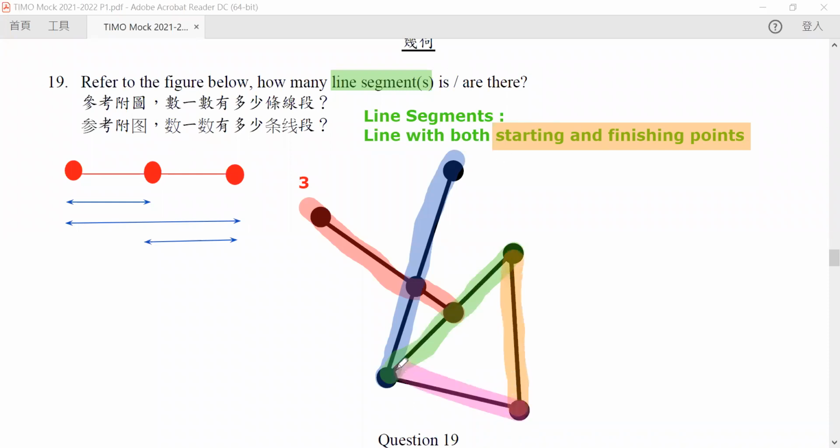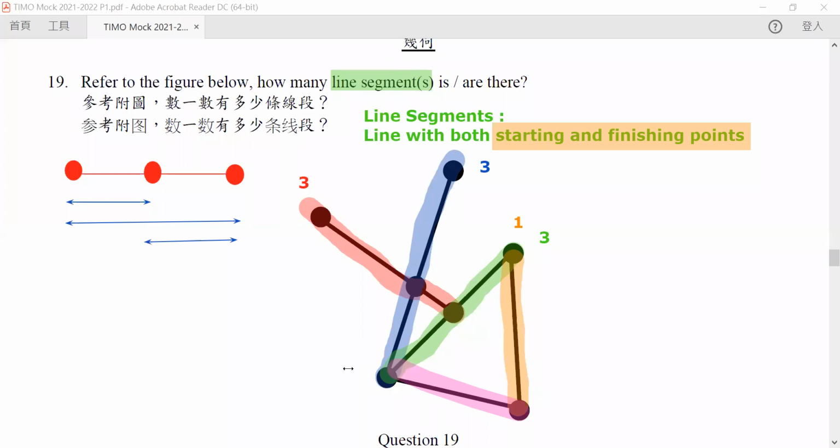Let us compute it one by one. For the blue line, there are 3 points in here, so again there are 3 line segments. For our green line, there are again 3 points, so they will have 3 line segments. For our orange line, there is only one starting point and one finishing point, and hence it will have only 1 line segment.